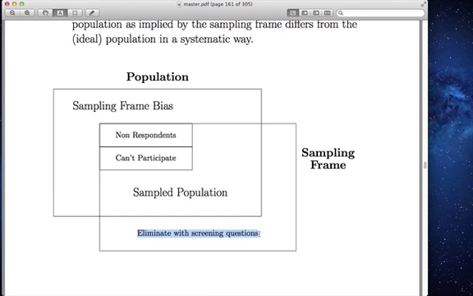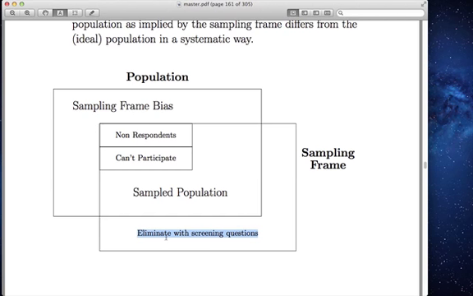So I call somebody up, and it turns out it's a guy. The first thing I want to do is eliminate that guy with a screening question. I would ask, what is your gender? And if the response comes back, I am a male, then we terminate the questionnaire and move on.